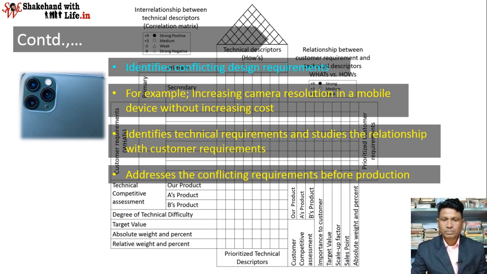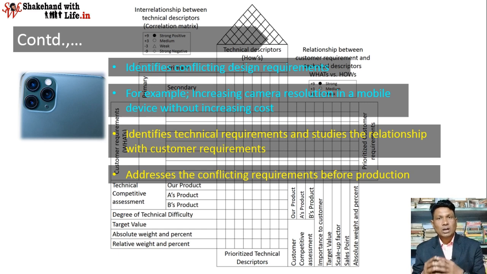For example, increasing camera resolution in a mobile device without increasing the cost. So here we have the conflicting requirements, when the customer asks for a low cost mobile but increased resolution of camera.